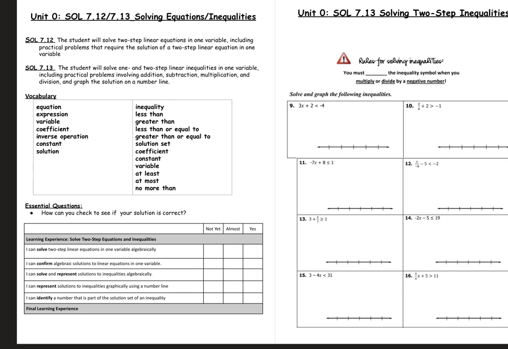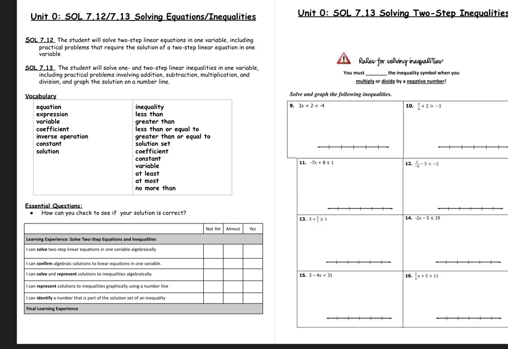All right, so by the end of this lesson, you'll be able to solve and represent solutions to inequalities algebraically, represent solutions to inequalities graphically using a number line, and identify a number that is part of the solution set of an inequality.